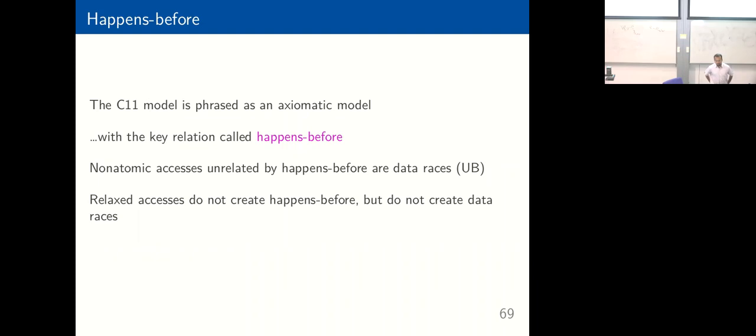Which of course brings up the question: how do you establish happens before? Before I go to that, I'll say that the weakest kind of marked or atomic accesses, the ones marked with the strength of relaxed, don't create any happens before, but they don't create data races, which would create undefined behavior, either.